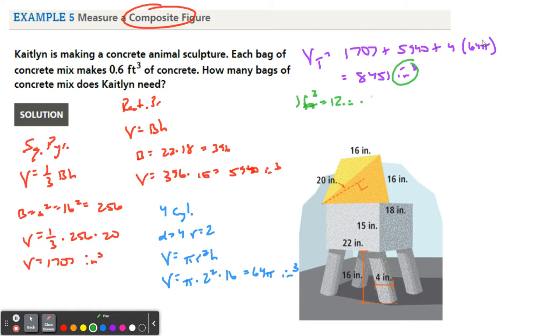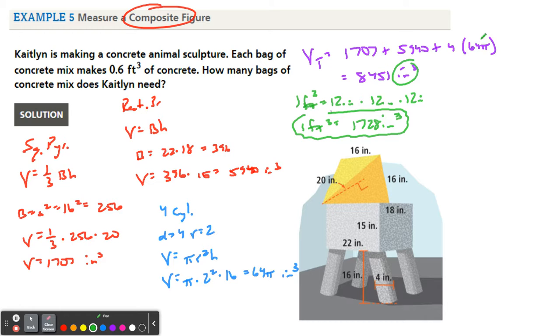And 1 foot cubed is going to be 12 inches by 12 inches by 12 inches. 12 cubed. So 1 cubic foot is actually equal to 1728 inches cubed. So again, that might be blowing some of your brains right now, right? The fact that that's how you would do that. But that's the correct answer, right? That is the conversion factor we have to use.